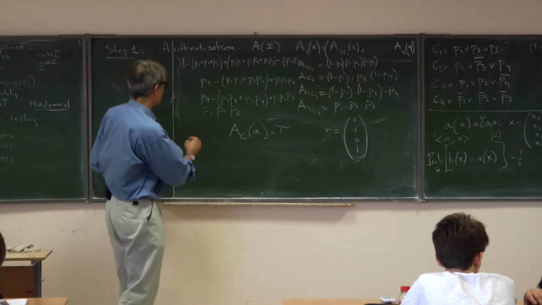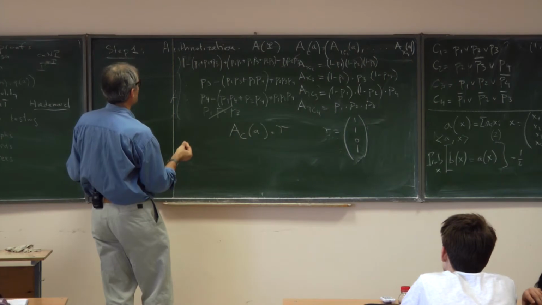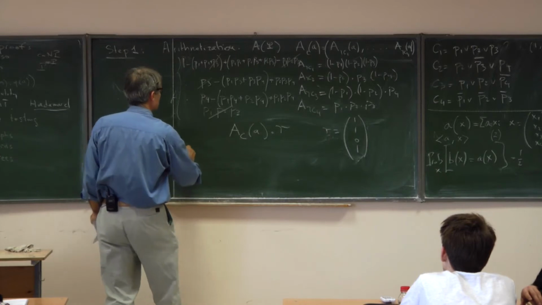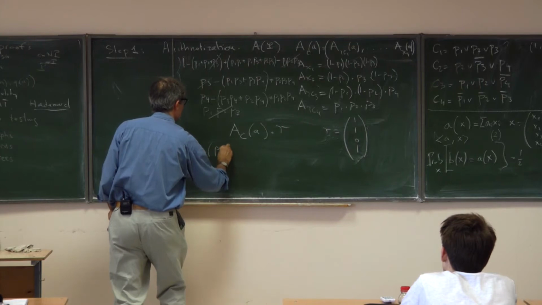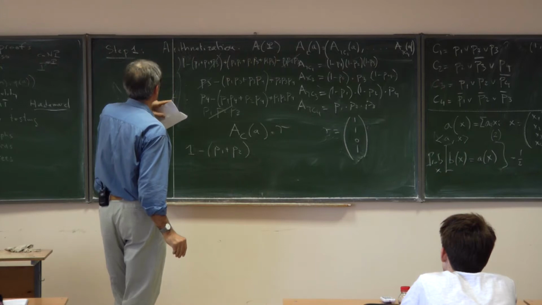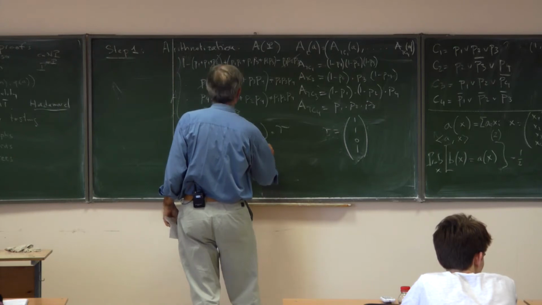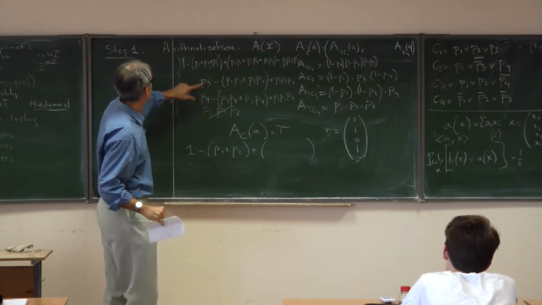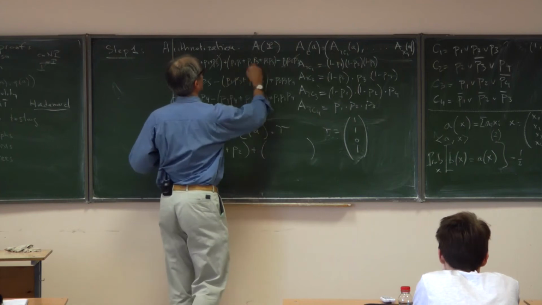And you see, because it simplifies. So this simplifies with this. And somehow the P3 simplifies here. So now I write this as 1 minus P1 plus P2, and then the second plus a certain number. So now what do I get in P1, P2, P2, P3? That simplifies.